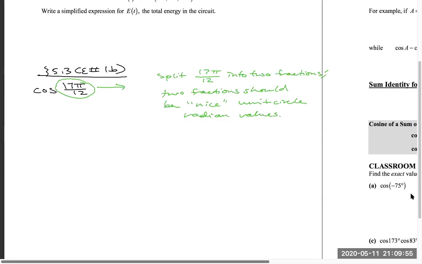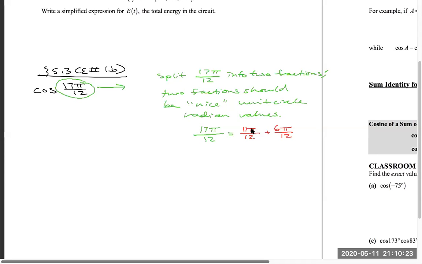So it won't be as intuitive at first, but definitely just practice with it and let me know if you need help with it. So 17 pi over 12. So an example that doesn't work, I'm going to write it in red. I could say that this is 11 pi over 12 plus 6 pi over 12.